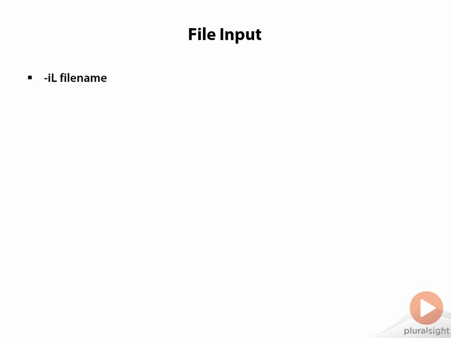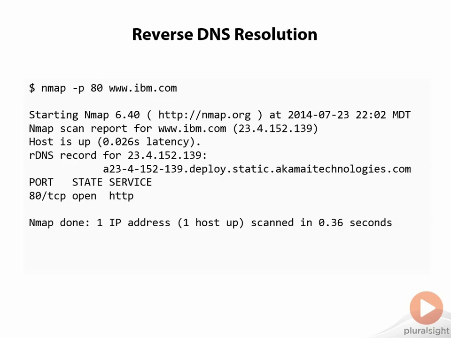After expanding the target list into individual IP addresses, Nmap performs the host enumeration phase to determine which IP addresses are actually associated with live systems. Once Nmap has that list, the next phase of operation is a reverse DNS lookup on the IP address, trying to turn it into a name.